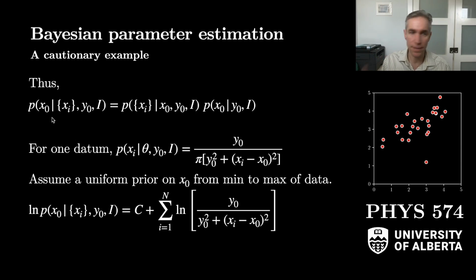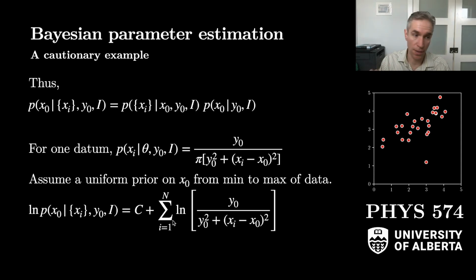So this, in Bayes' theorem, should be proportional to, but forgive me for switching into equal signs. The probability of x naught given the data set, a known value of y naught, and the background information is the probability of generating the data given x, y, and then the probability of x given y and I. So for a single datum, we use the Lorentzian distribution, and then we will assume a prior on x naught from the minimum to the maximum of the data.